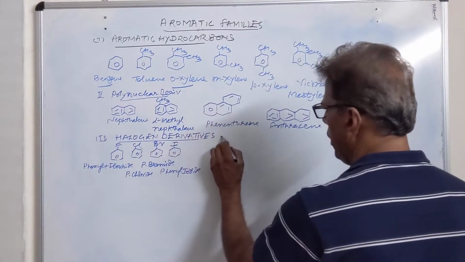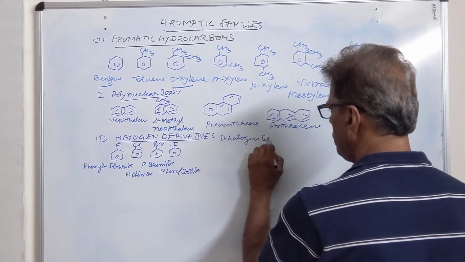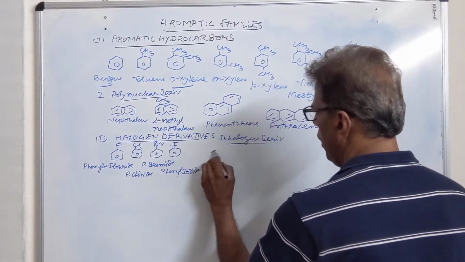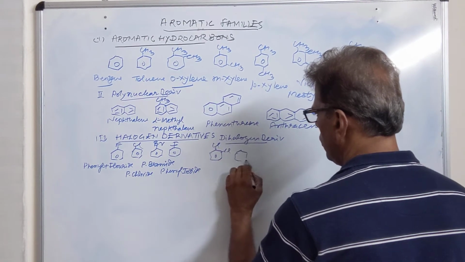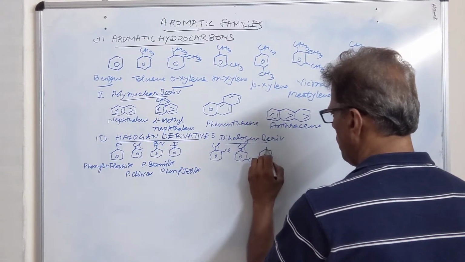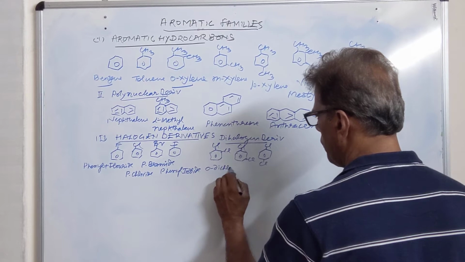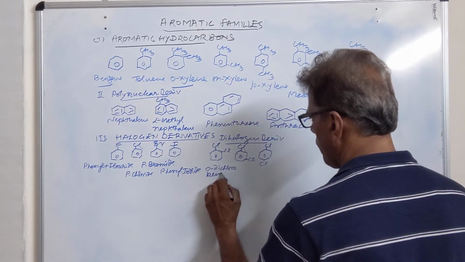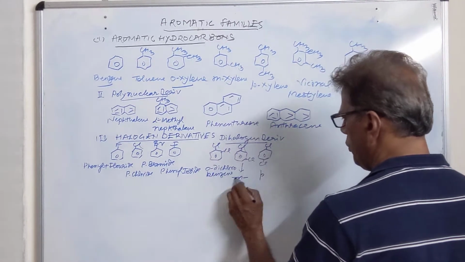Then we have dihalogen derivatives. There are 3 classes: ortho, meta, para. This is ortho dichlorobenzene. This one is meta dichlorobenzene, this is para.